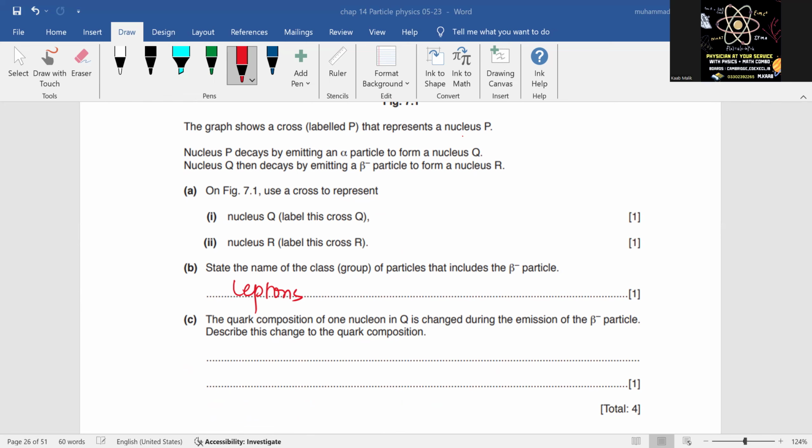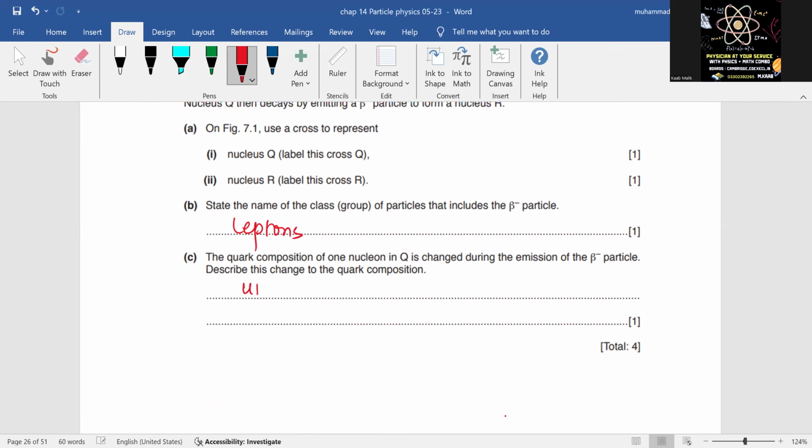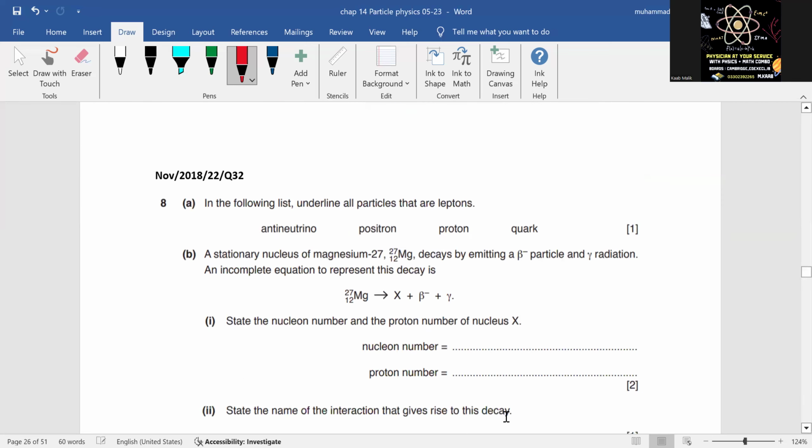Up, down, down is for the neutron and up, up, down is for the proton. Okay, so down to up. Yeah, good. Perfect.